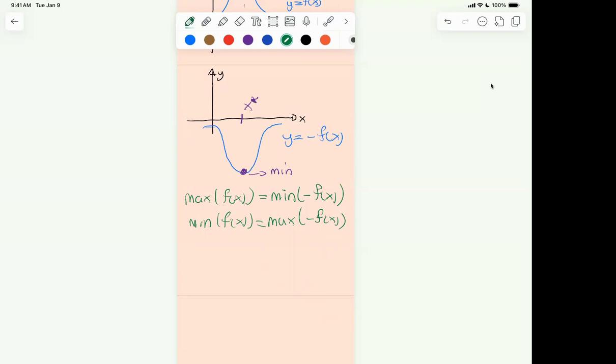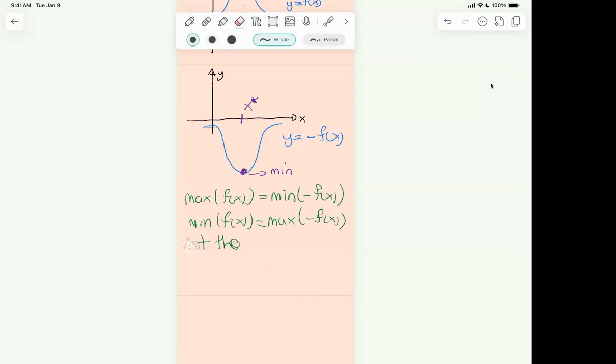The point that maximizes f is the same as the point that would minimize minus f of x, the critical point, what you would call the optimization point.